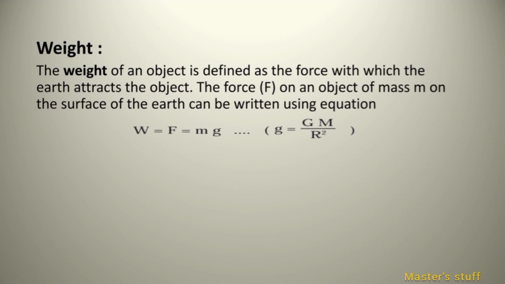We usually tend to be confused between mass and weight. The main significant difference is that mass is the composition of the matter in an object, while weight is the force with which the body is attracted towards the Earth.